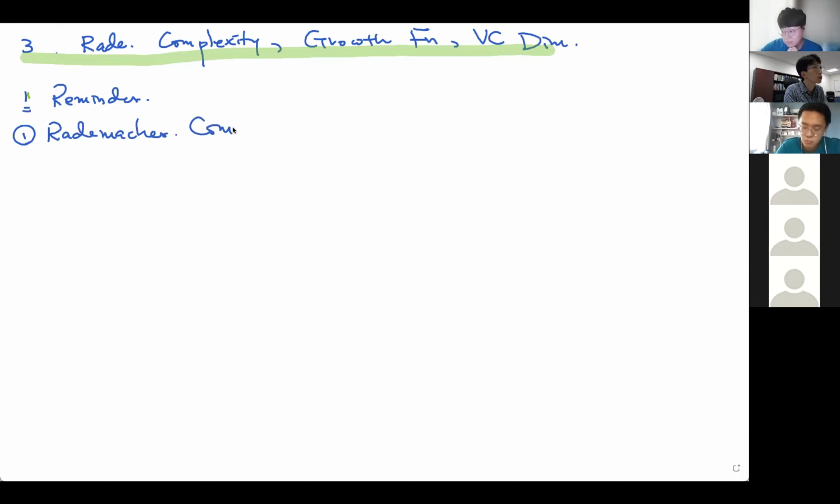An important bit is we used it to provide a uniform generalization bound. All these concepts are there to measure the complexity or expressiveness of a hypothesis class. And then we showed how this complexity measure can be used to derive an upper bound on the generalization error.